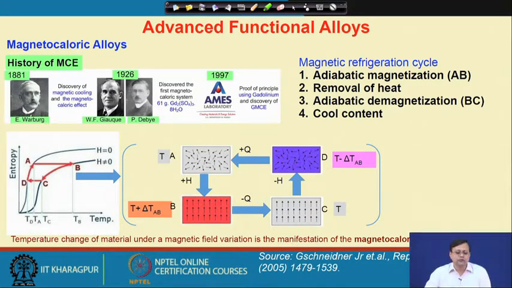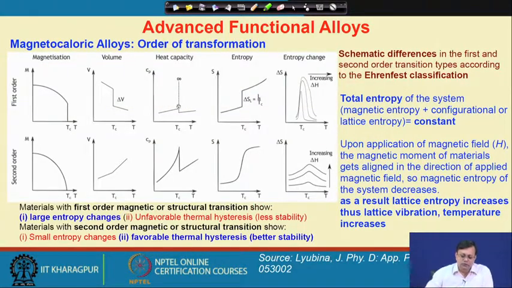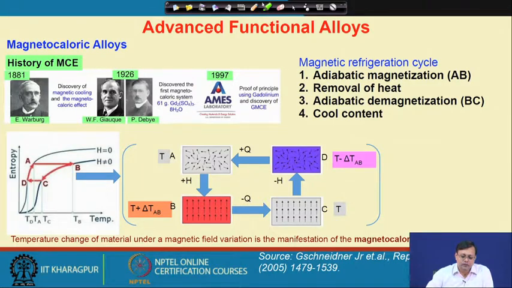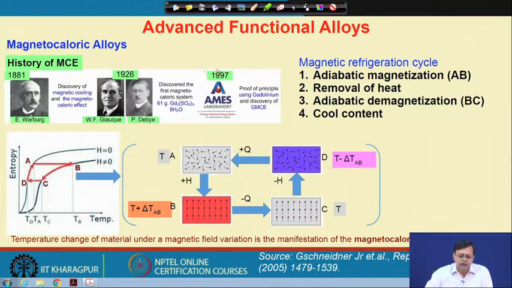Later, in 1926, magnetocaloric systems like gadolinium and the processing of gadolinium-based compounds were shown. Then in 1997, Ames Laboratory provided the proof of principle of gadolinium and the discovery of the giant magnetocaloric effect. Since then, a large number of researchers have been developing these alloys for commercial and practical applications.